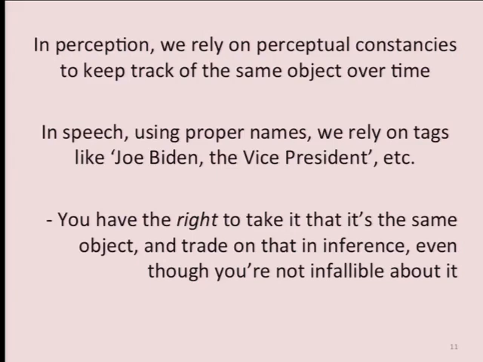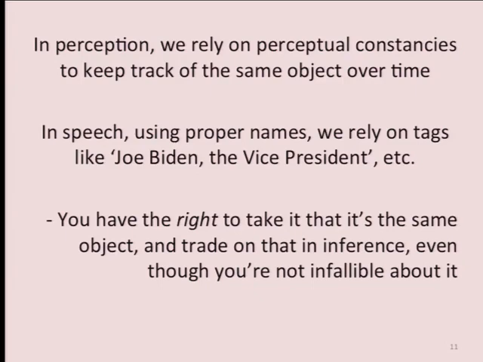Then I have the right to just take it, without further ado, that it's the same thing. Just as we all sit here right now, if we talk about the floor, this floor badly needs cleaning, and many distinguished feet have trodden this floor. Of course, it's an abstract possibility that aliens are zapping out the floor and replacing it with a different one from moment to moment. So it's not a priori that that's not going on, but you have the right to take it that that's not going on.